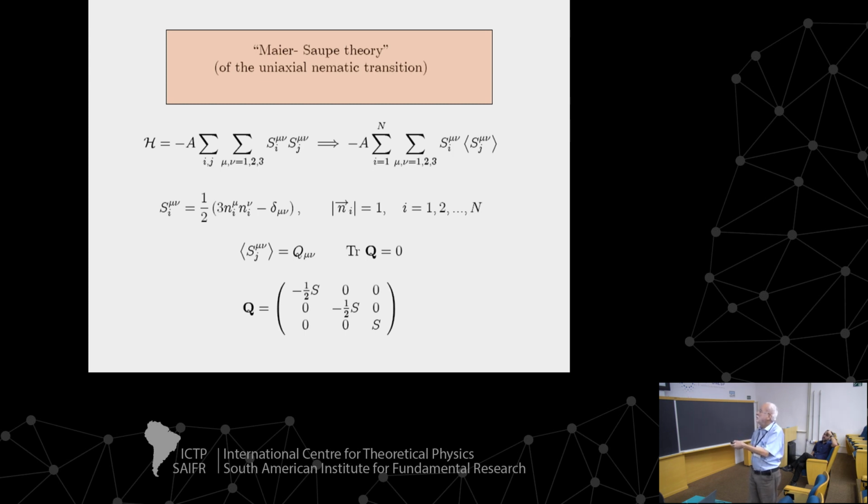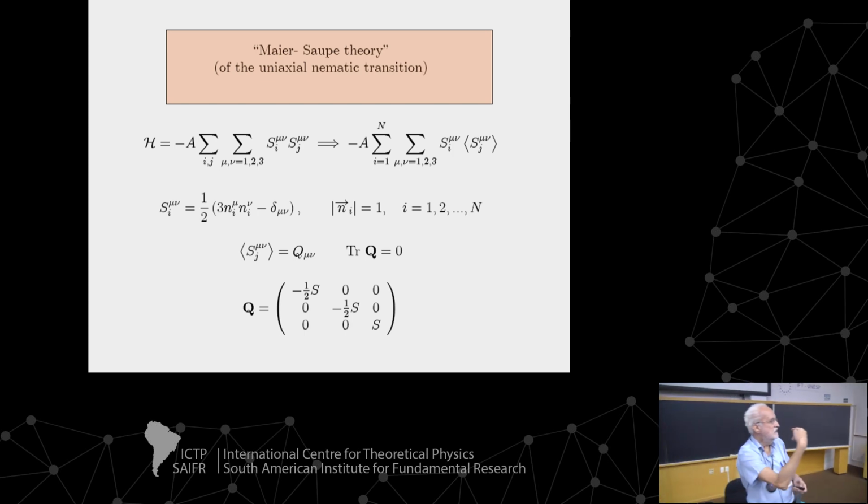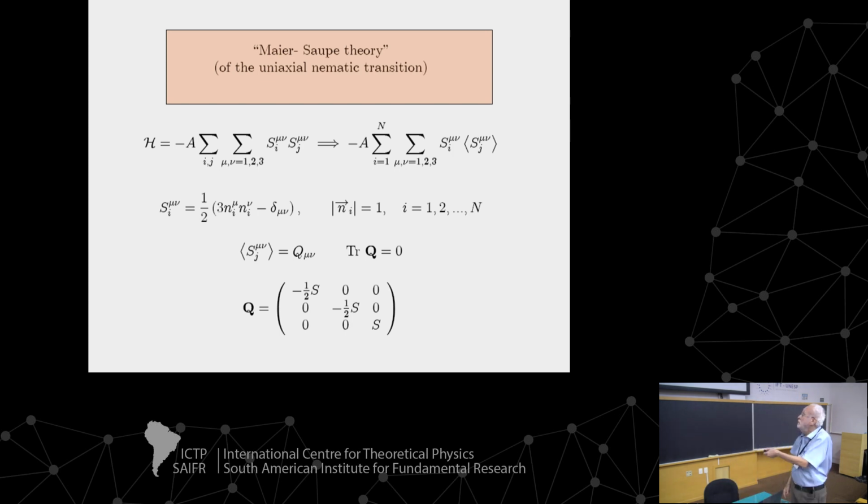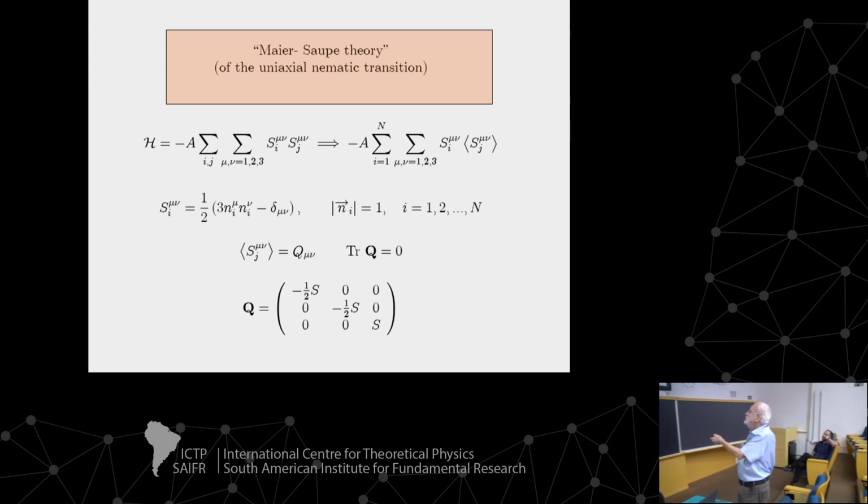And here is the quadrupole, and the quadrupole is written in terms of those vectors, n_i, and vectors n_i are the directors of the quadrupole. And i is the site i, and then there is the n in one direction, the 3 directions, and then you have the quadrupole. Okay, and then you do the calculation.